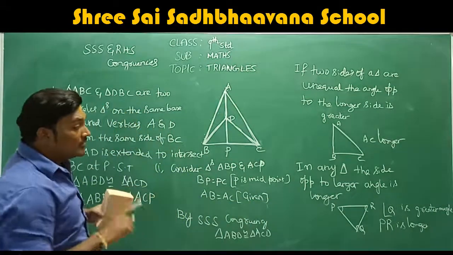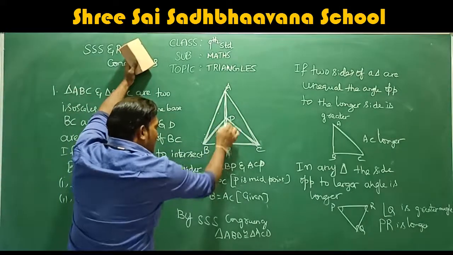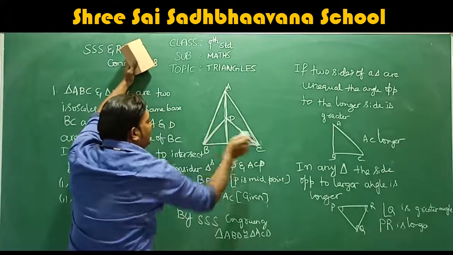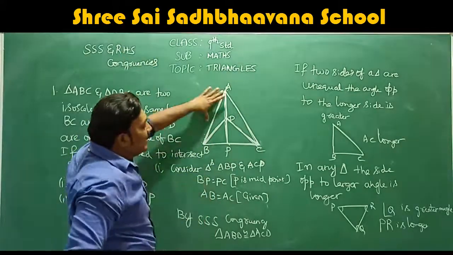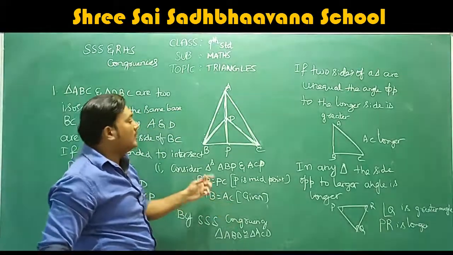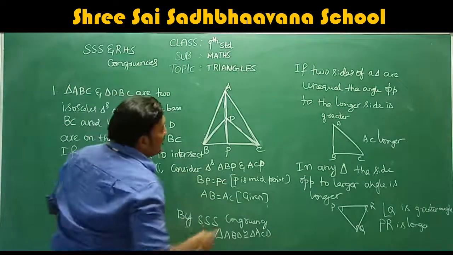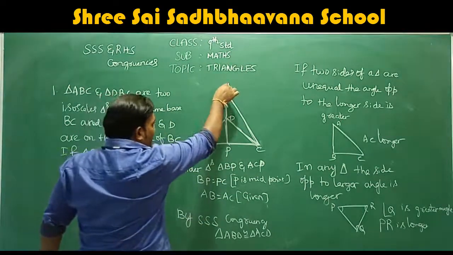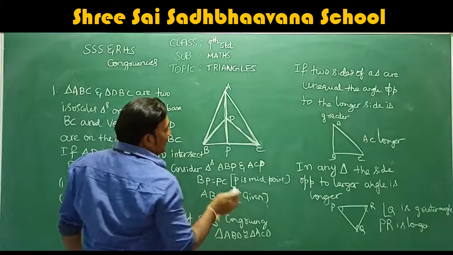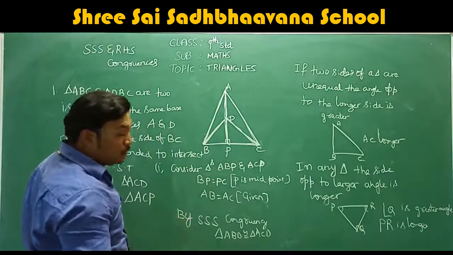Any doubt? You can carefully listen once again. We are proving the congruency of these two triangles, ABP and ACP. In these two triangles, AB is equal to AC because it is already given they are isosceles triangles. And BP is equal to PC because P is the midpoint. Whenever you draw a perpendicular from A onto the base BC, it will divide the base into two equal parts.